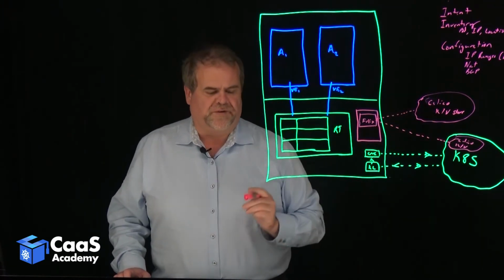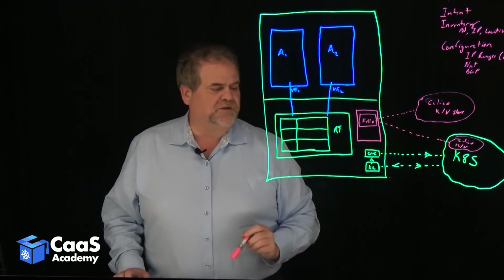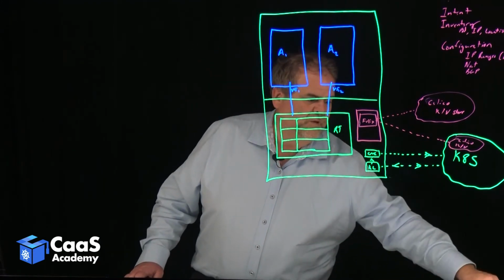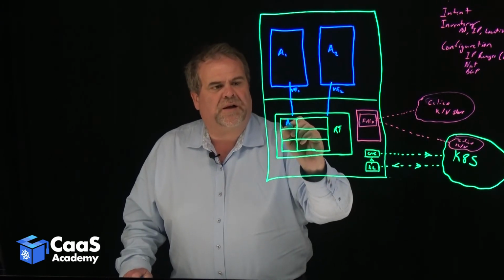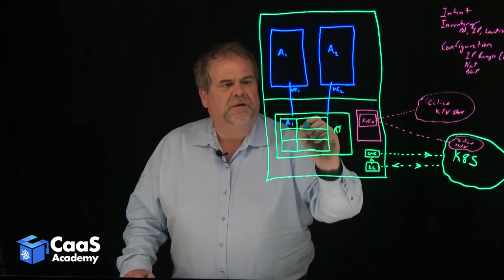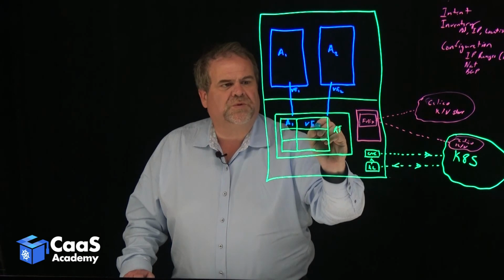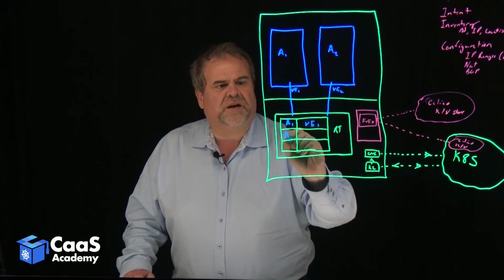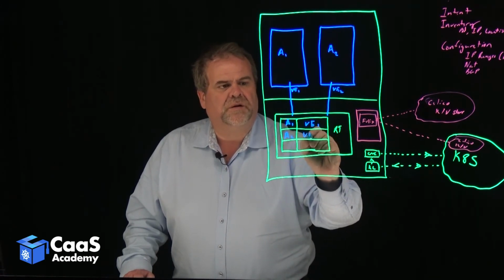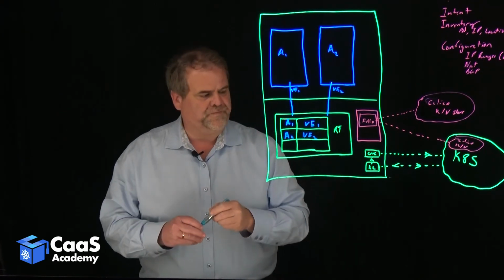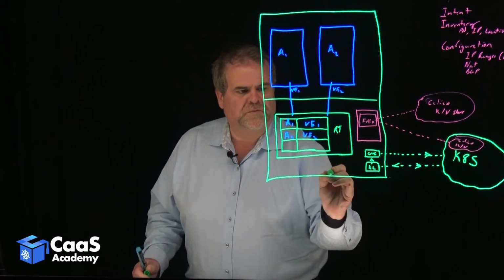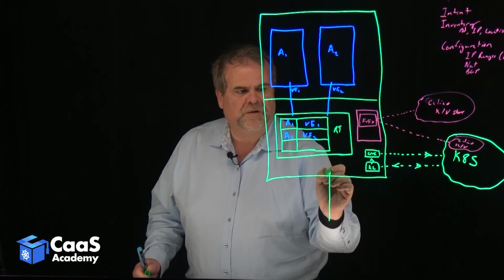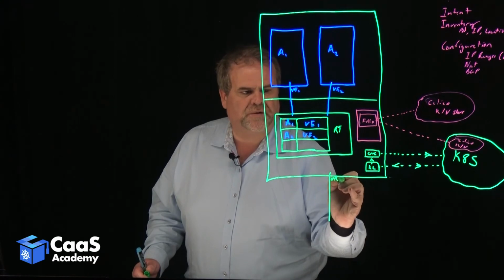So Felix will now find out about this. All Felix is going to do is update this routing table. So it's going to say IP address A1, next hop is virtual Ethernet 1. It's going to say IP address A2, next hop is virtual Ethernet 2. Now, similarly, we might call this Eth0.